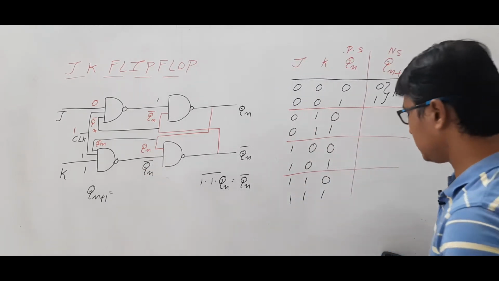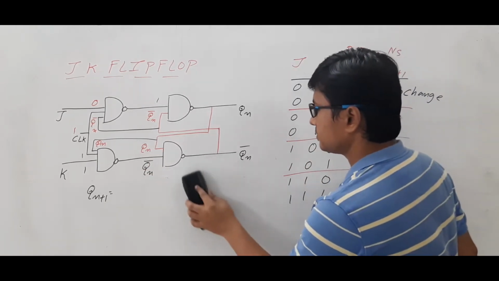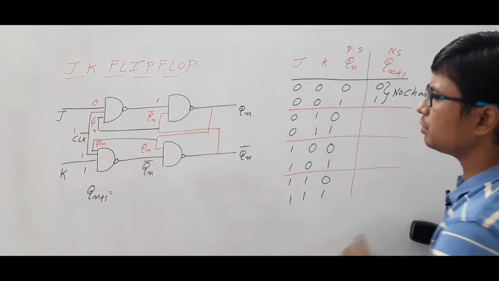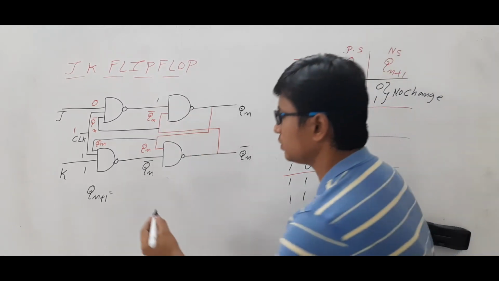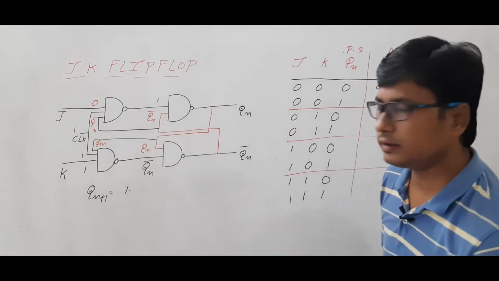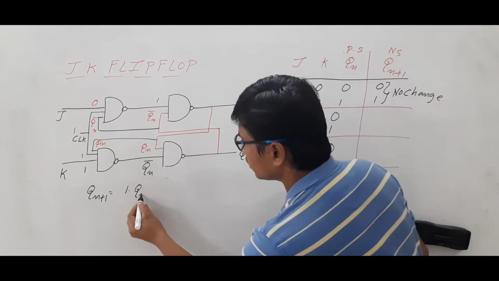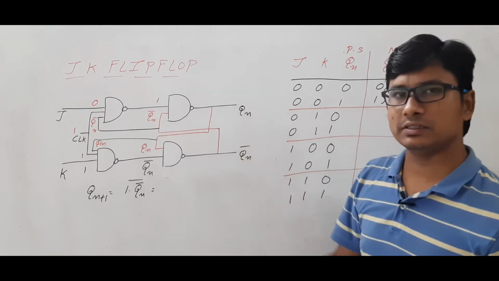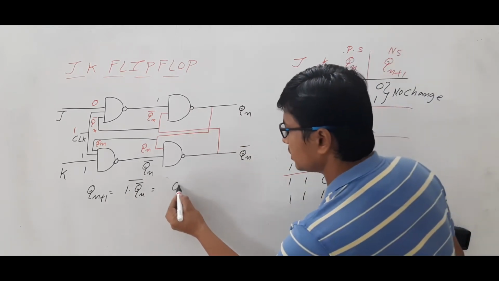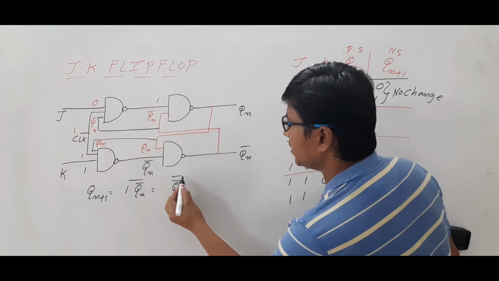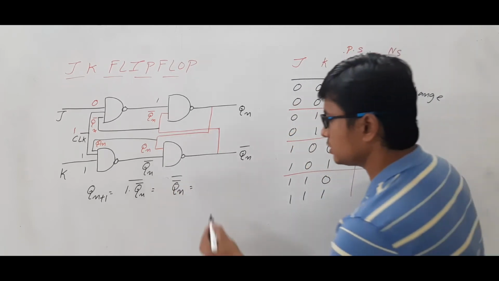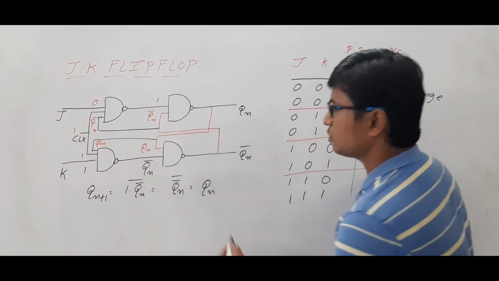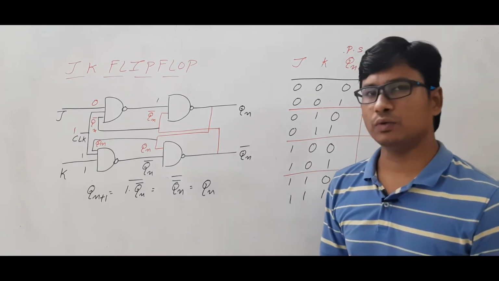Are you able to understand with me or not? Now Qn+1 is equal to 1 and Qn complement whole complement. Why am I keeping the whole complement? Because this is a NAND gate. So Qn complement whole complement is equal to Qn. So we got Qn+1 is equal to Qn.